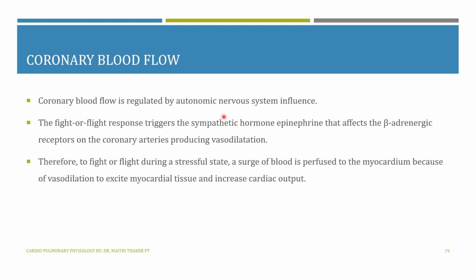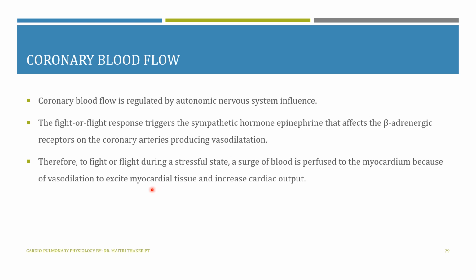Coronary blood flow is also regulated by the autonomic nervous system. So, the fight or flight response that is triggered during sympathetic activation will produce vasodilatation in our coronary arteries. The sympathetic nervous stimulation will produce coronary artery vasodilatation.